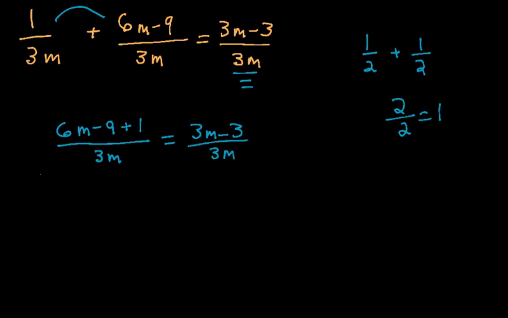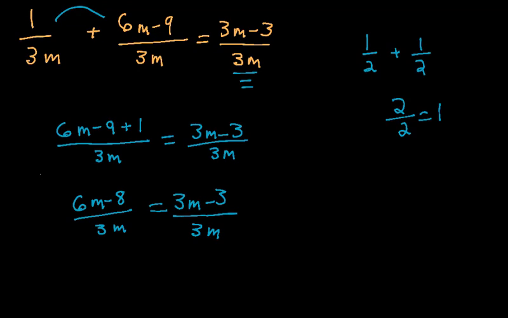Now we just combine like terms. We have a -9 and a +1, so that's 6m minus 8 over 3m equals 3m minus 3, still over 3m.